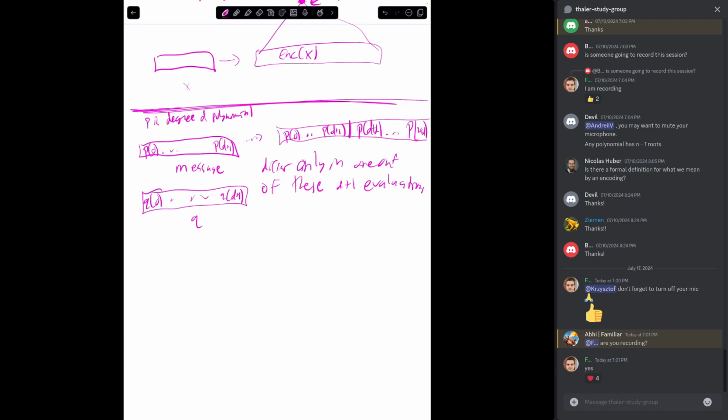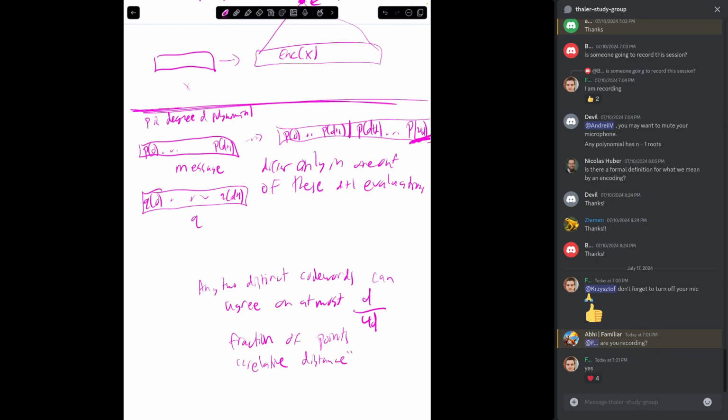Then you get this property that any two distinct code words have high distance from each other. If you did 4d evaluations, they can agree on at most a d over 4d fraction of points. So their relative distance then would be 3/4.